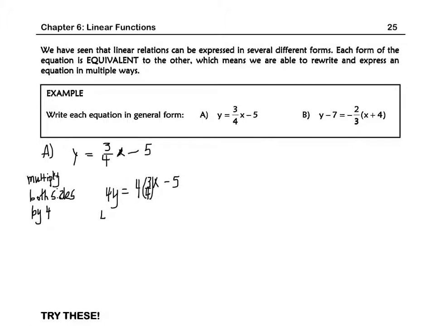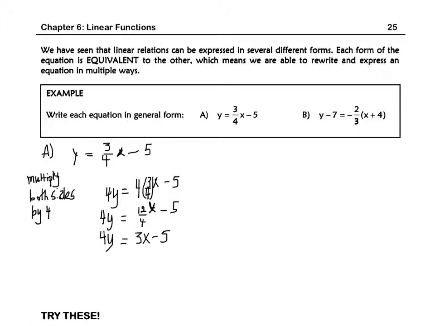And that would give you 4y equals 12 over 4, because that's understood to be 4 over 1 times 3 over 4. If you can do this step in your head, you can skip this step. So 4y equals 3x minus 5.